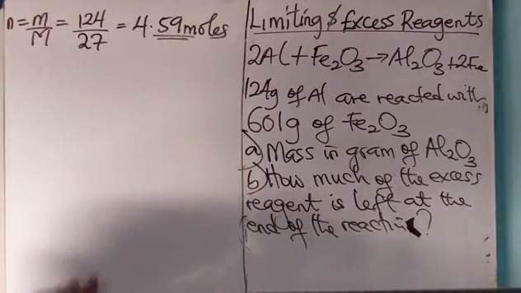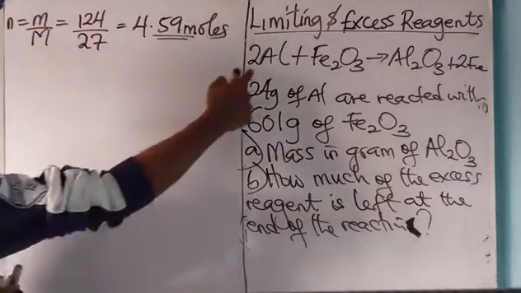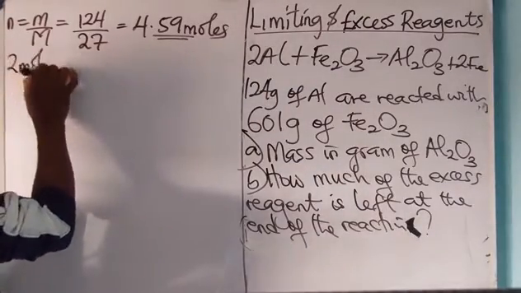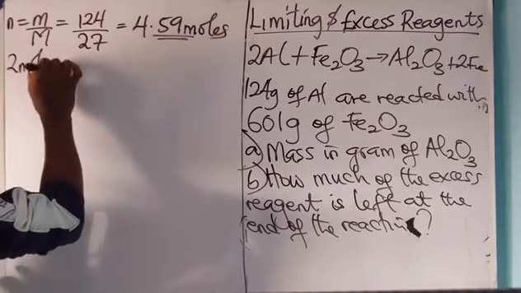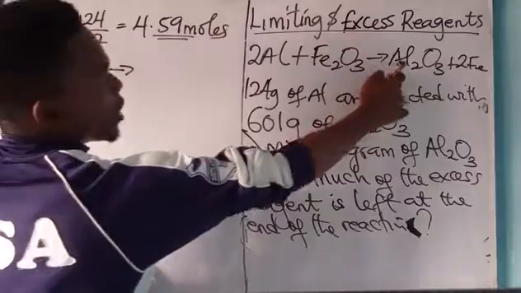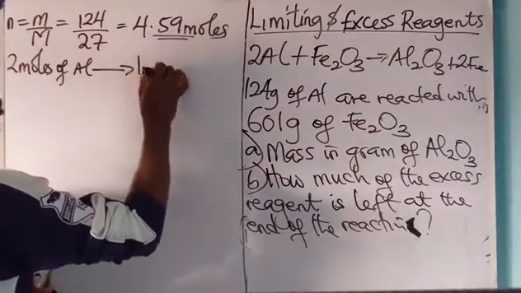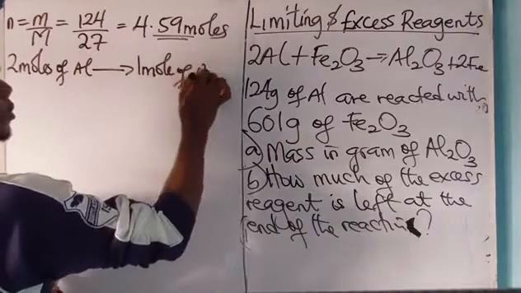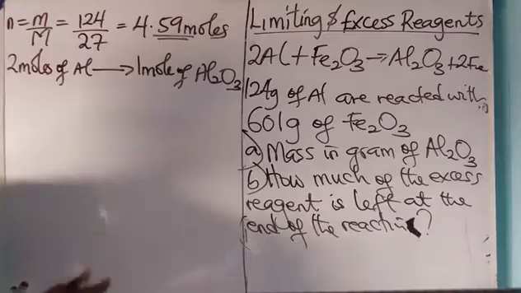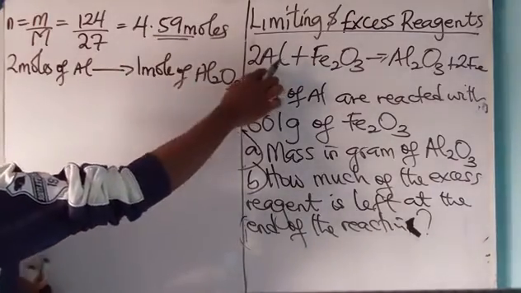Then going back to the equation, you see 2 moles of aluminium will give 1 mole of aluminium oxide, because you only have one here, an invisible one.